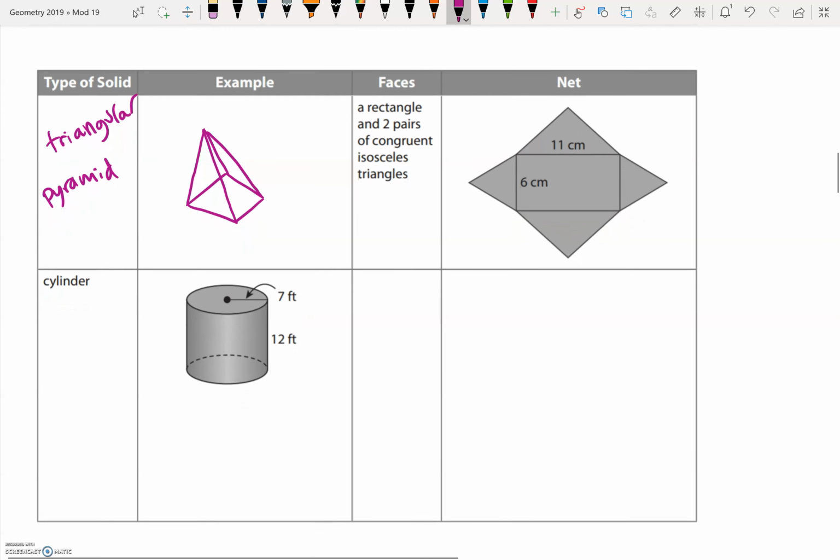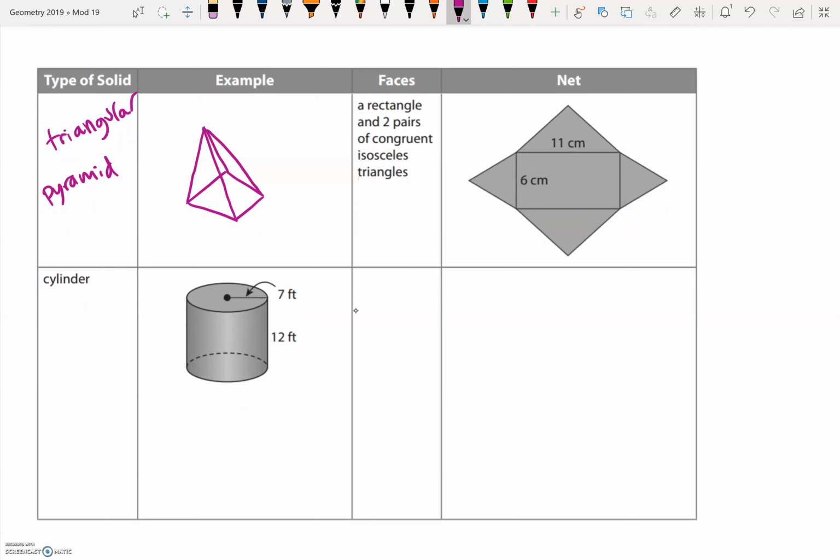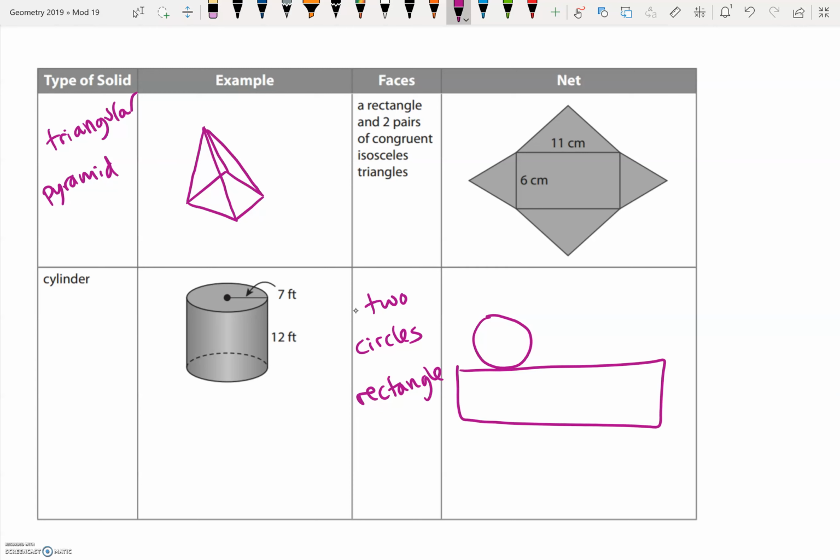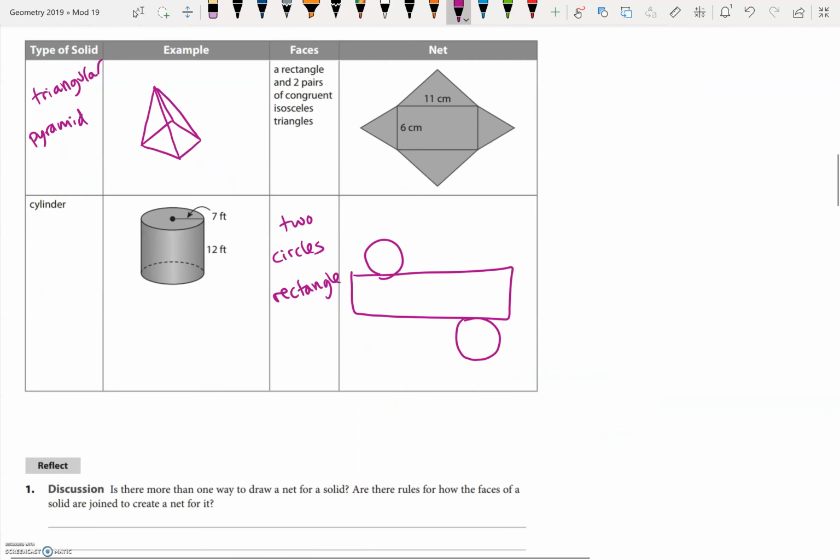And then we have a cylinder that has two round faces, I guess we'll say 2 circles, and a rectangle. So you put a circle, do a rectangle, and then a circle. Notice that we can't have the circles be like here and here. It won't make a net. So it's got to be the top and the bottom.